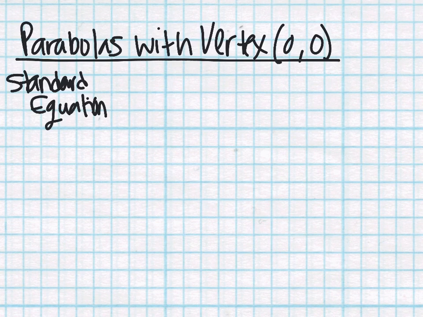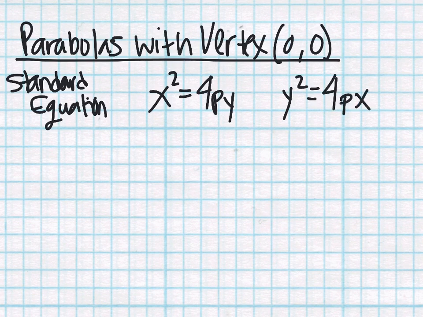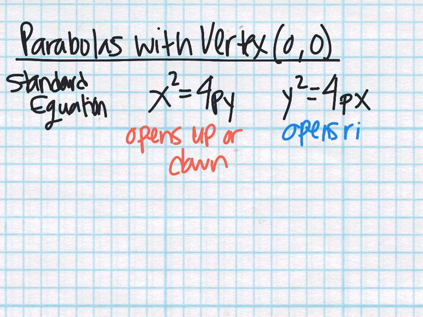So, we are not worried about things being functions and passing the vertical line test. So, standard equations, we've got two versions. We've got x squared equals 4py, and we've got y squared equals 4px. So, this one on the left opens up or down. This one on the right opens right or left.